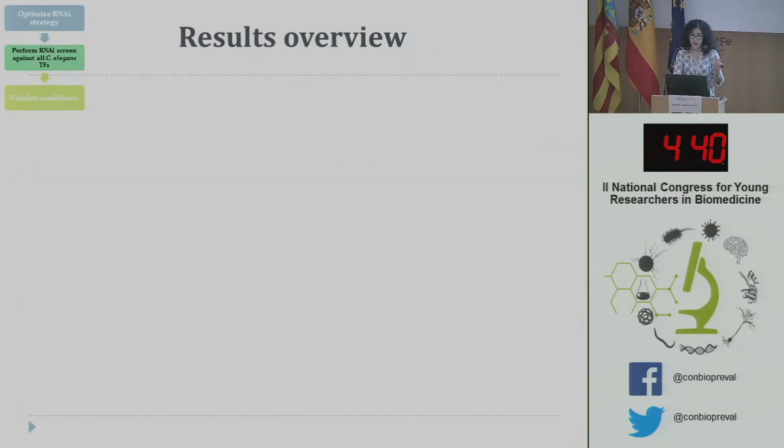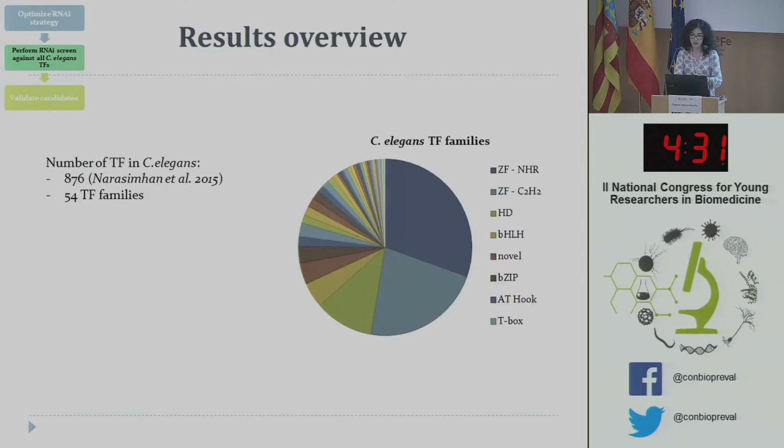So, as an overview of the results, there are 876 transcription factors in C. elegans that can be organized into 54 transcription factor families, and we scored against all of them. We did 2 technical replicates, and finally we considered the candidates that present more than 10% of phenotype in both replicates.